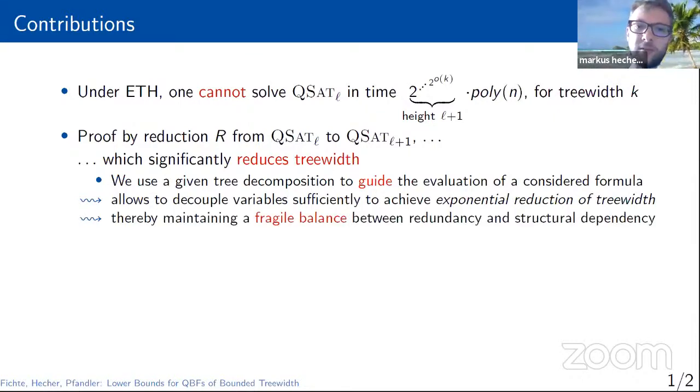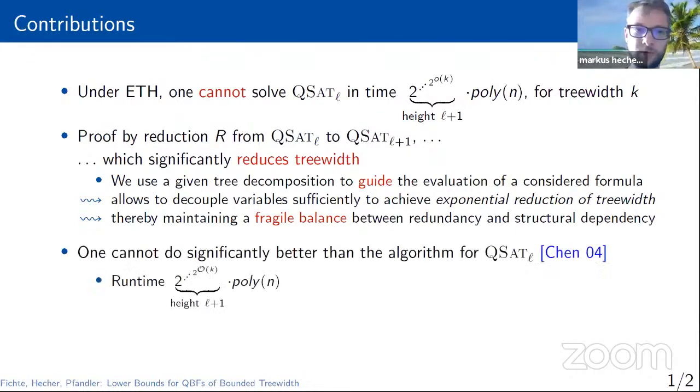But we also need auxiliary variables or some kind of redundancy, and it's important that we don't overdo it. So it's a fragile balance between adding redundancy and keeping structural dependency low. Our result confirms the known upper bound for deciding validity of quantified Boolean formulas.